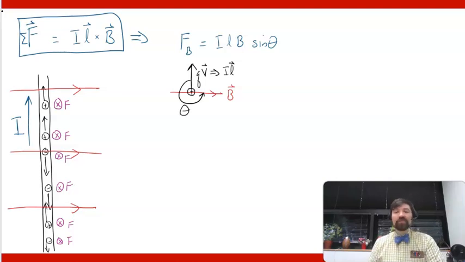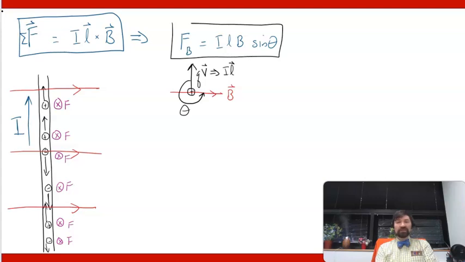So here's my angle theta. Note that the sine of that angle gives me a negative value, and that means that I have a force pointing into the screen as per our previously stated force rules. So that's force acting on a current carrying conductor in a magnetic field.